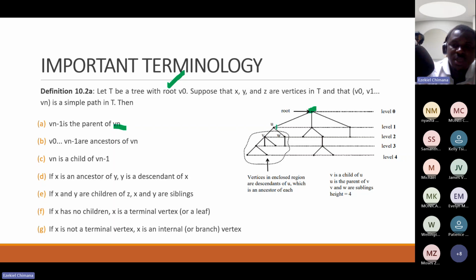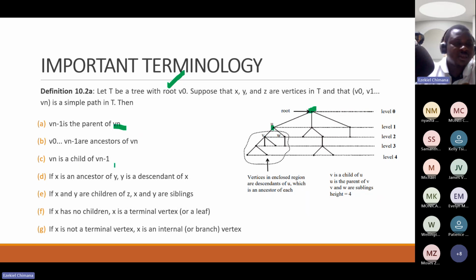So it's as good as if you are here at U, then this one will become the parent of U, something like that. And then V0 up to Vn minus 1 are ancestors of Vn. It's as good as if you are looking at V here, this one are the ancestors of this V or of this W, something like that.